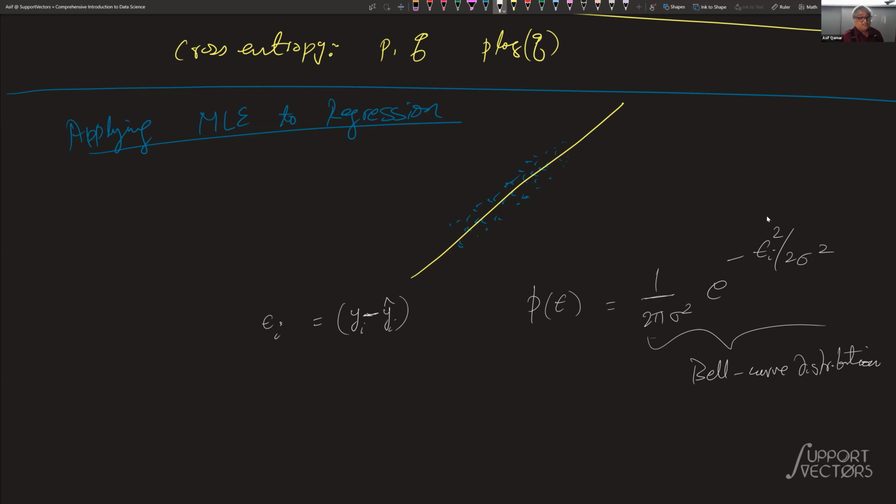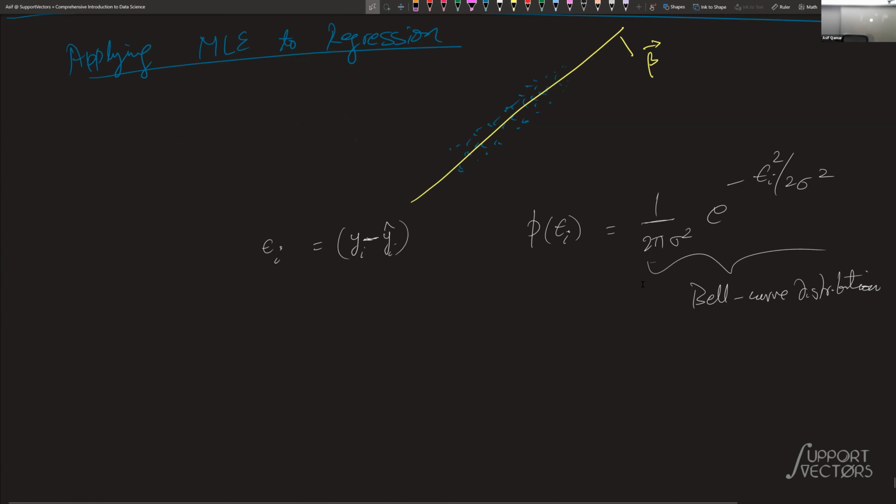So the probability of an error of a hypothesis, if it is given by this, where epsilon is defined as yi minus y hat, then I can ask, what is the probability of seeing, for a given hypothesis, quantified by a beta vector, so many residuals. Now the question is, given the data, what is the likelihood function? The likelihood here is, once again, remember the likelihood function is, given this beta, well, there are no negative cases.